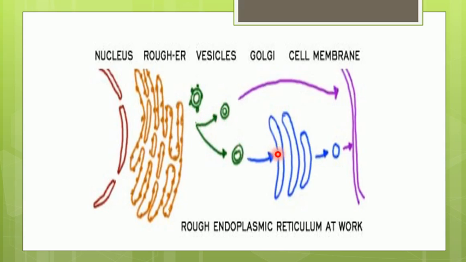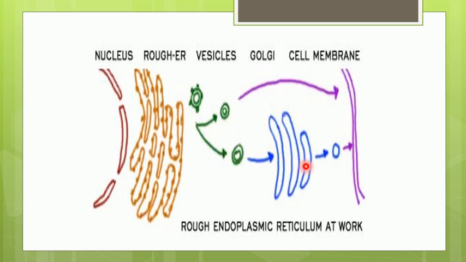Now this Golgi complex is the receiving center where the further packaging of the lipids and proteins will take place. Okay, so you have to remember that proteins are synthesized in the rough ER and lipids are synthesized in the smooth ER. They are packaged into small rounded structures called vesicles. These rounded vesicles will carry these proteins and lipids into the Golgi complex.